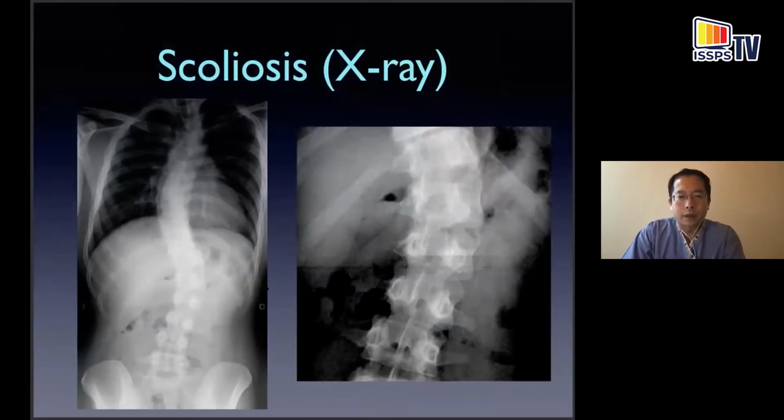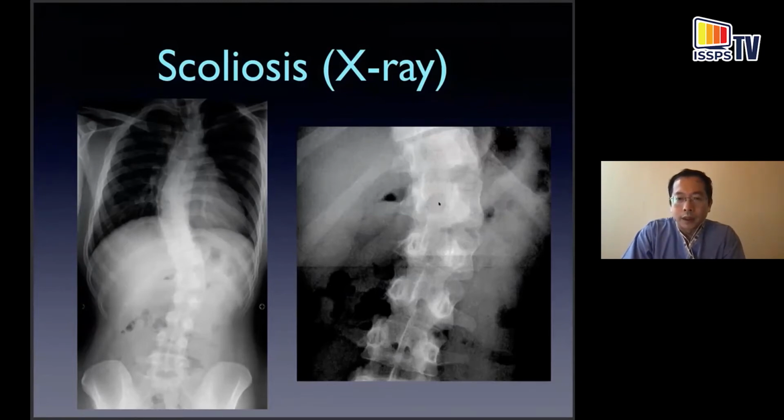Here's an X-ray of a scoliotic spine. The convexity is to the right here, and there's a secondary curve convex to the left at the thoracolumbar junction. So if we look here at the thoracolumbar junction, in this patient who is relatively young, there's not much osteophyte formation, not much degenerative change.